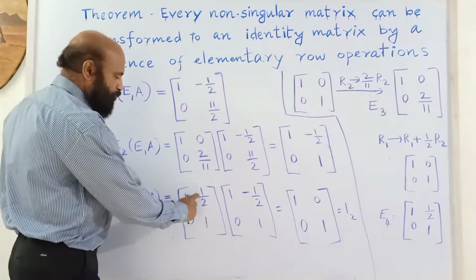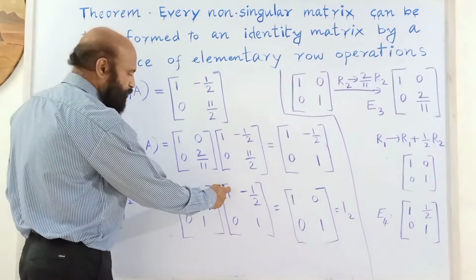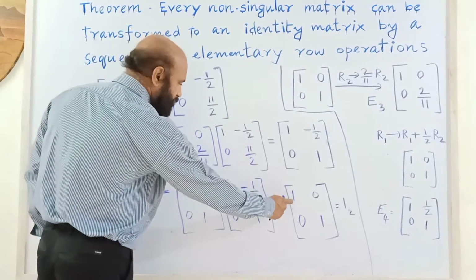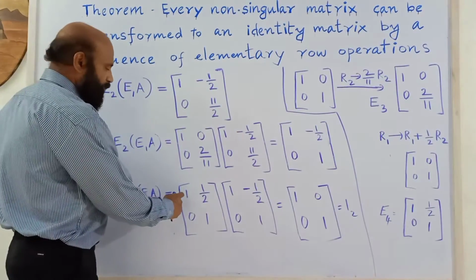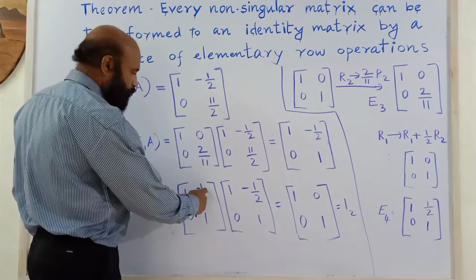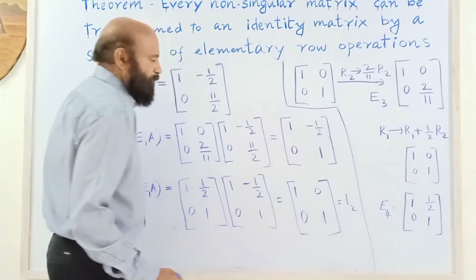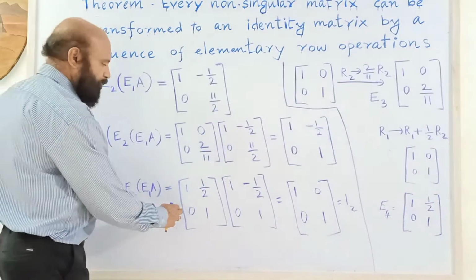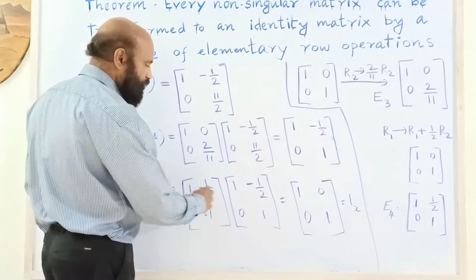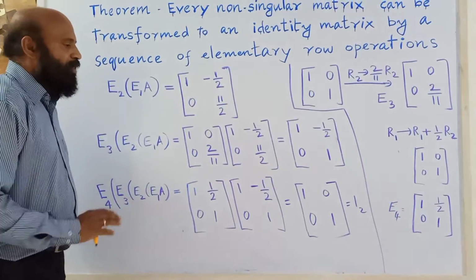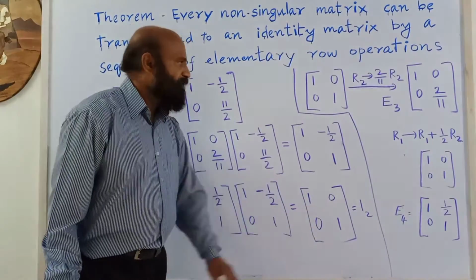Multiply elements of this row by the elements of this column and add, you will get 1. Then elements of this row you multiply by the elements of this column and add, you will get 0. Similarly complete the multiplication of this matrix. So you will get an identity matrix.